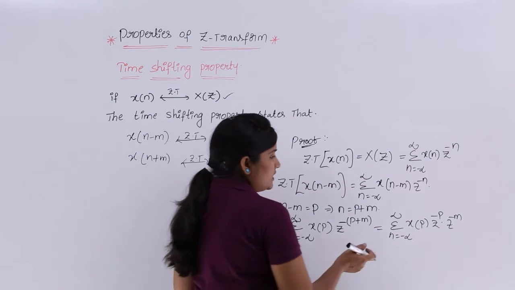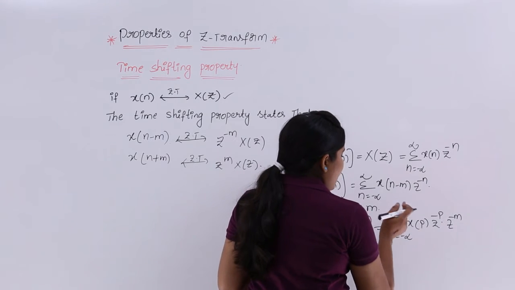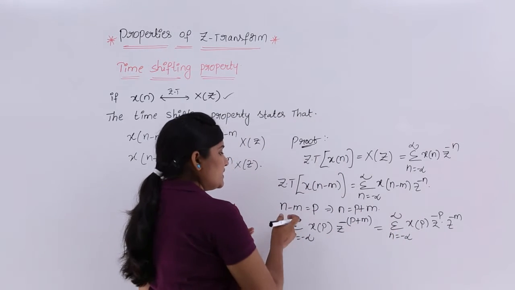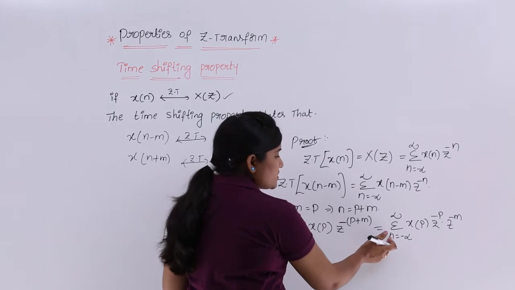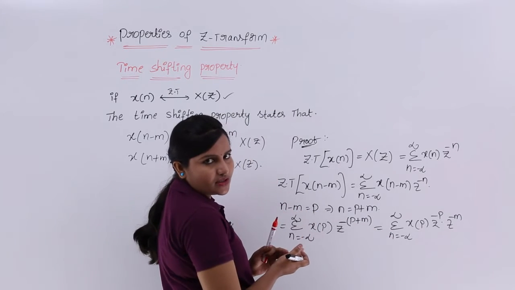As I am replacing n with p, the limits are also going to change.